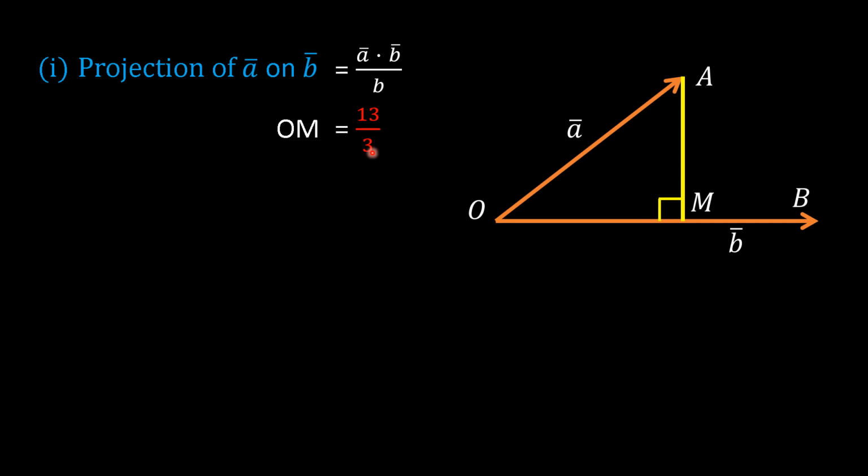So we get projection of A bar on B bar, which is OM, equals 13 by 3.